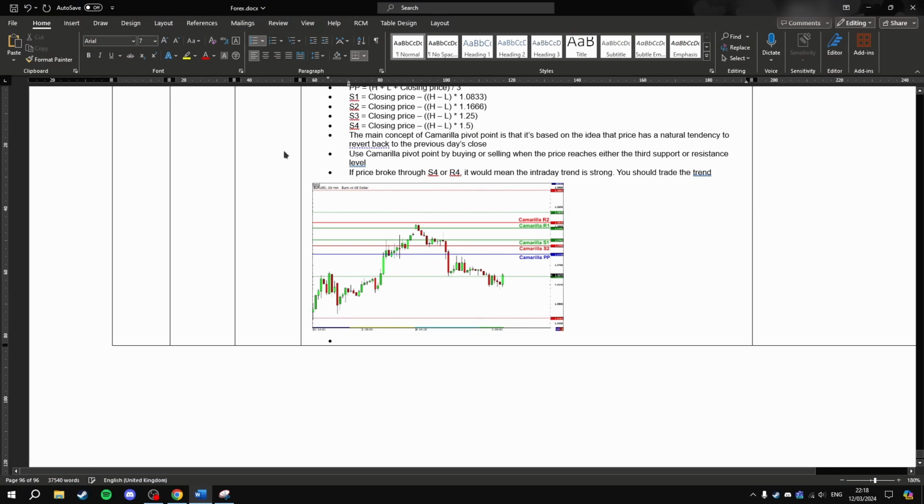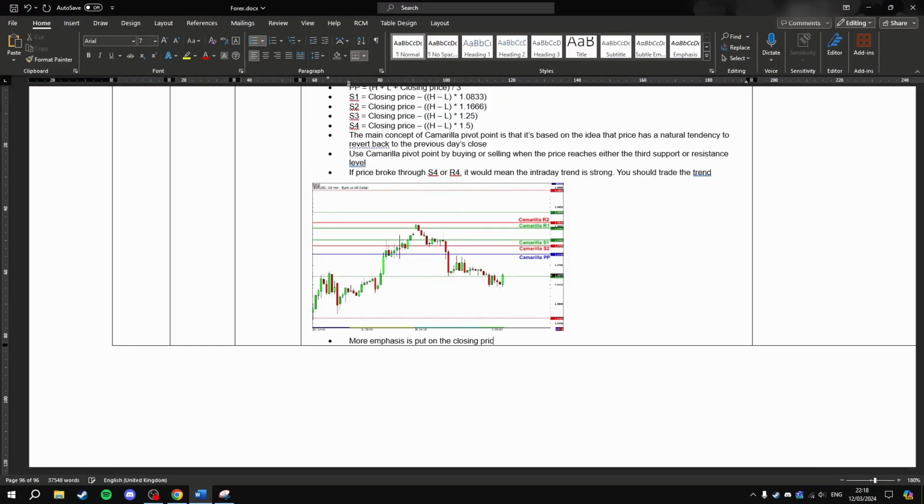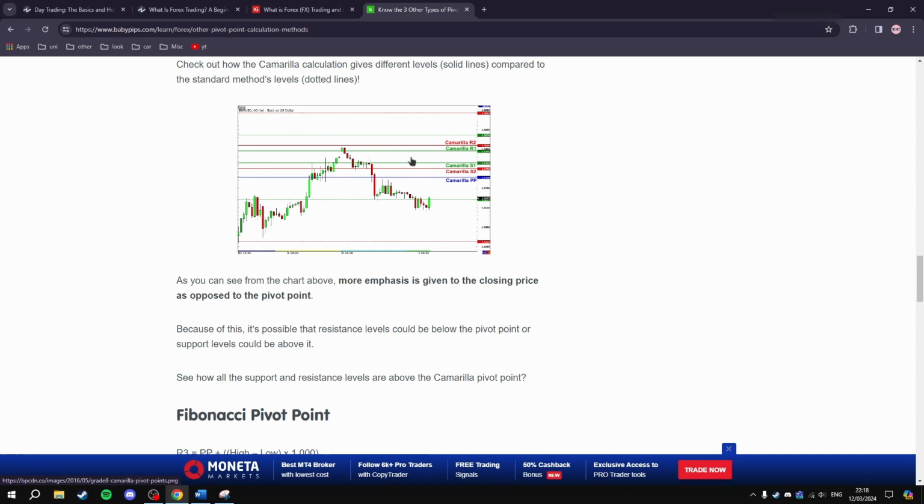So more emphasis is put on the closing price than the pivot point. Because of this, it is possible that resistance levels, so here, could be below the pivot points, or support levels could be above it. Right, so it could just switch the other way around.